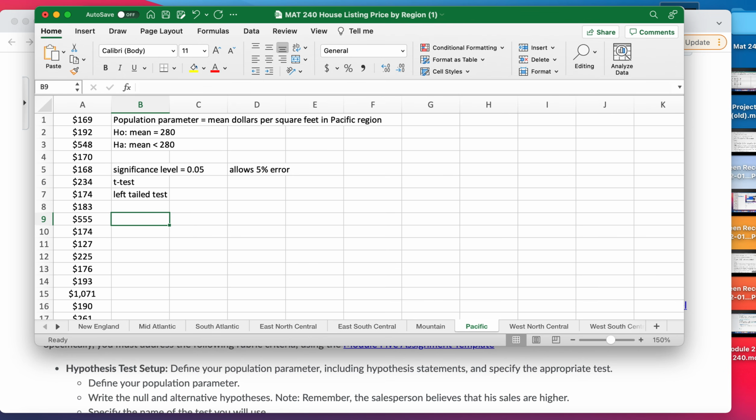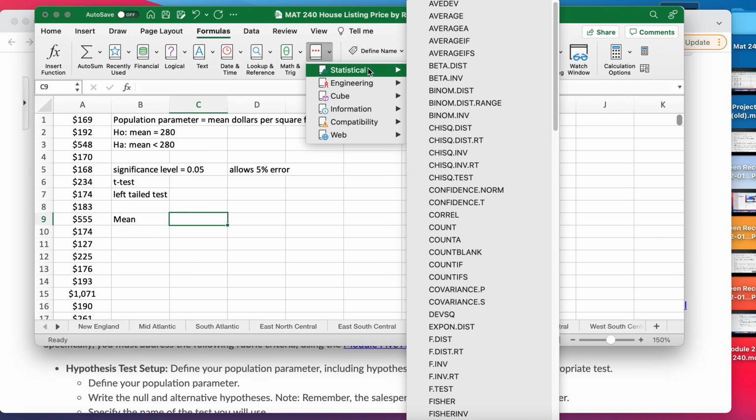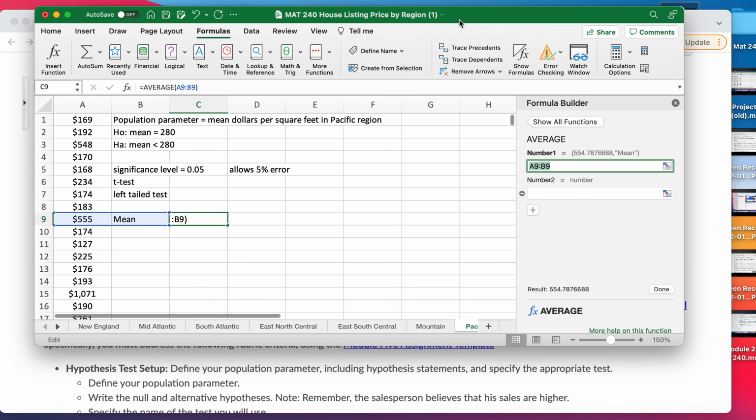Okay, sample summary statistics. We're going to get our descriptive statistics: mean, median, standard deviation. You can use your analyzed data, but some people have had some difficulty with that. So let's just do this. Mean. I'm going to go to formulas, more, statistical, average. Now that's a lot to scroll through. You can just do A1 colon A750.